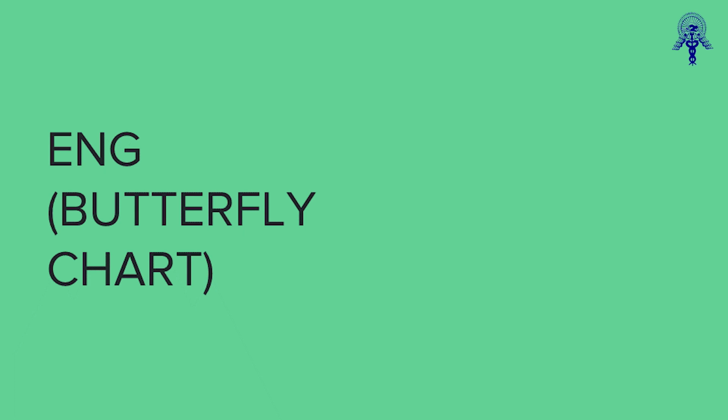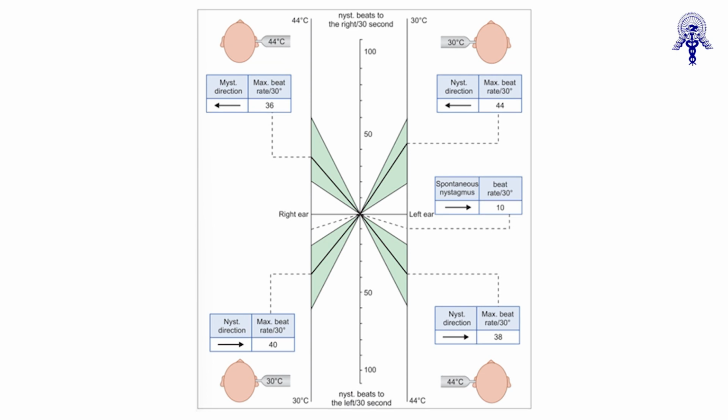What is a butterfly chart? Butterfly chart is graphical presentation of the ENG parameters in 4 quadrants. The shape is like the wings of the butterfly, so it is called butterfly chart, and it is named by Clausen, so it is called Clausen's butterfly chart.